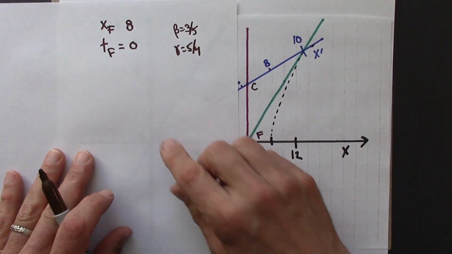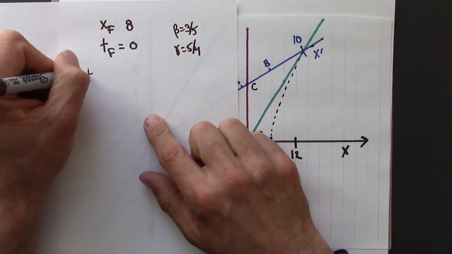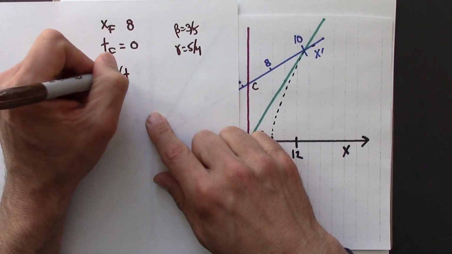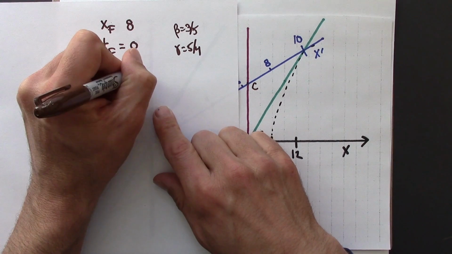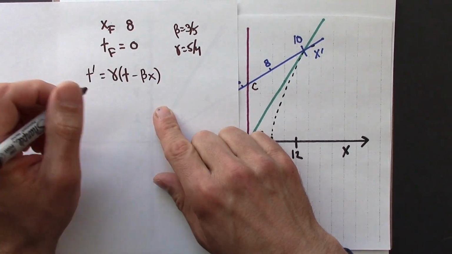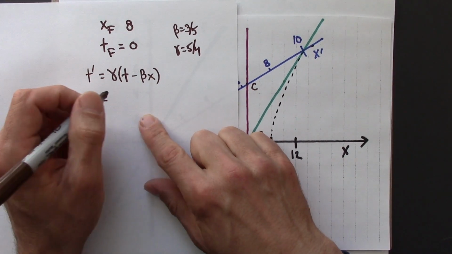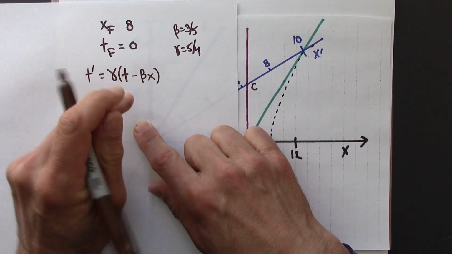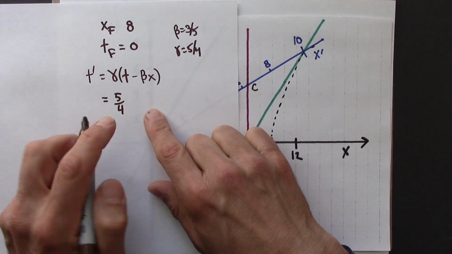All right, so I want to know what t prime is. I'll use the Lorentz transformation. T prime is gamma times (t minus beta x). Let's plug in. Gamma is 5/4. T is 0, that's convenient.